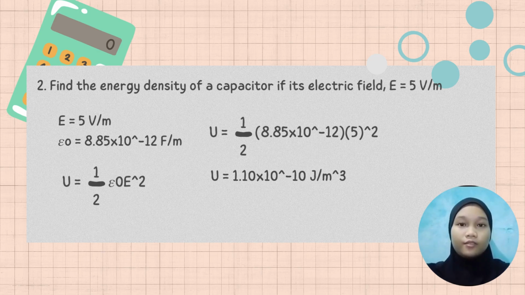We can use the formula u equals half epsilon naught E squared. After substituting the values, we get the energy density u equals 1.10 times 10 power of negative 10 J over m cubed.